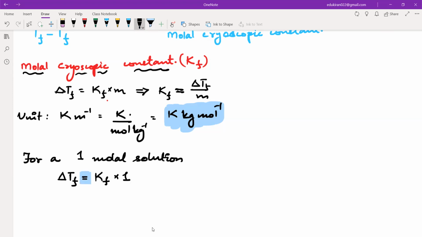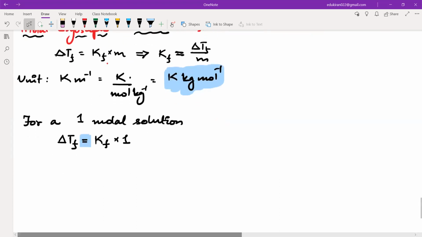Please remember very carefully, listen here very carefully. Kf is the depression in freezing point for a solution with molality equal to 1. That means Kf is the depression in freezing point when 1 mole of solute is dissolved in 1000 gram of solvent.